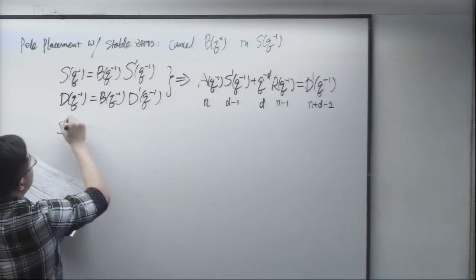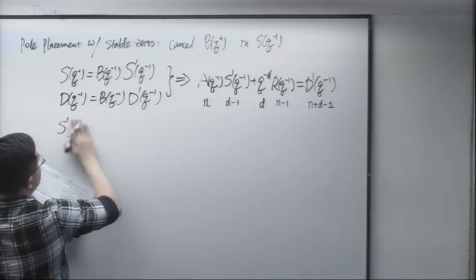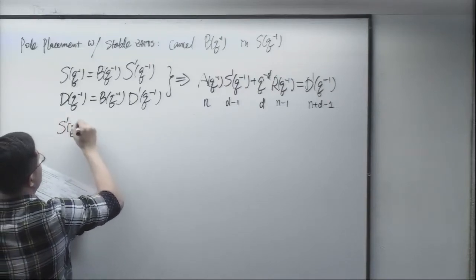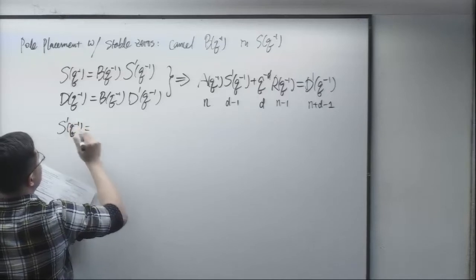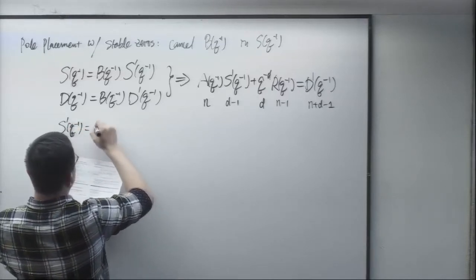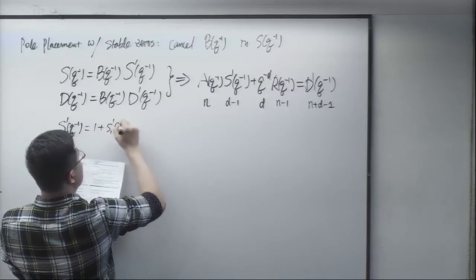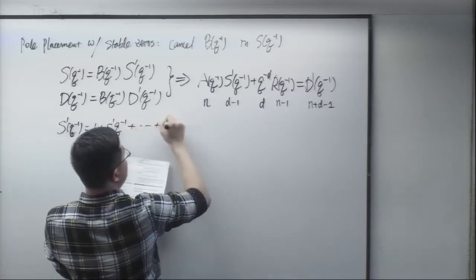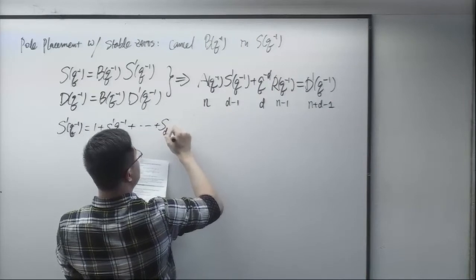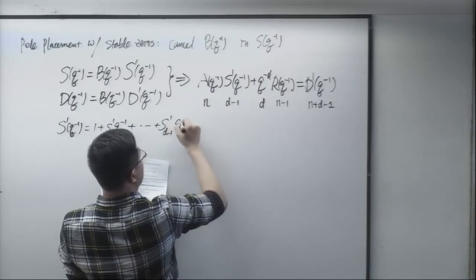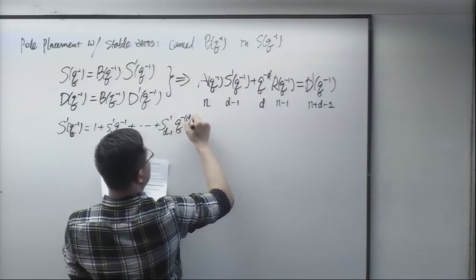So in other words, let's now specify these coefficients now once we know this order. So S prime is 1, S1 Q inverse up to S prime D minus 1 Q inverse D minus 1.